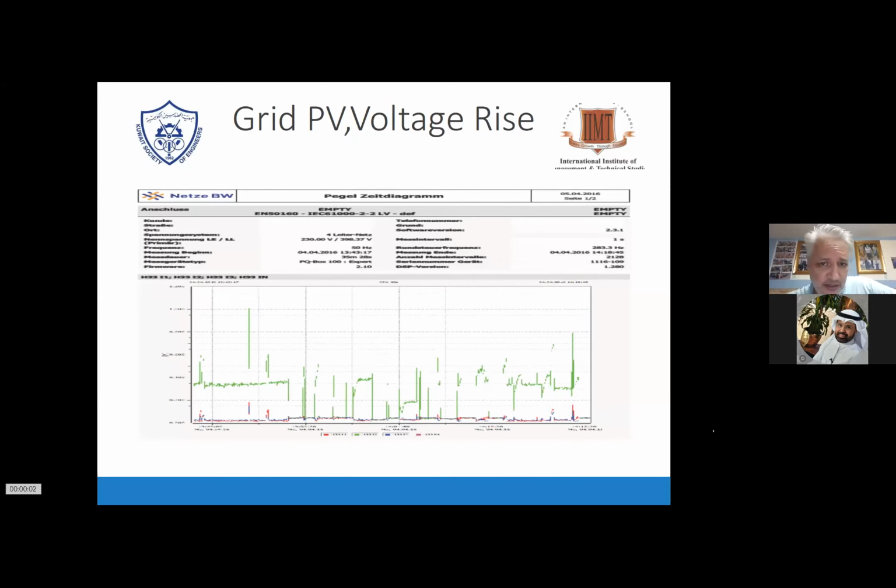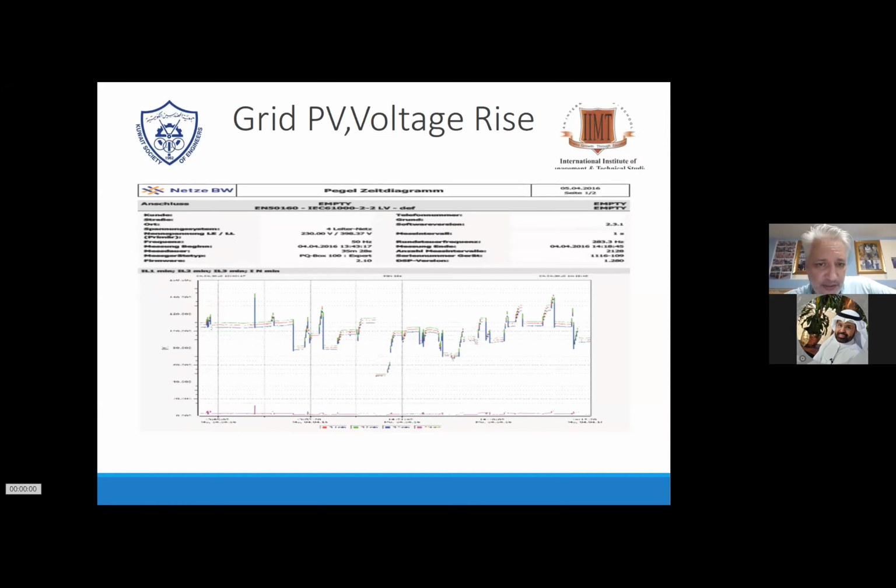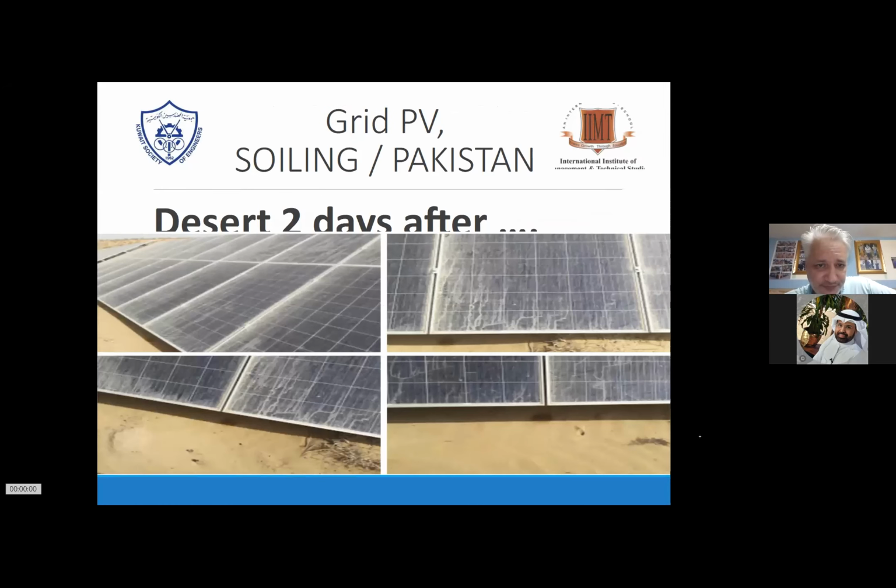Here you can see the same interval with the voltage difference, with the variations also in current. It's interesting to see that small pickups and variations in the phases were enough at that time to cause trouble for these inverters.